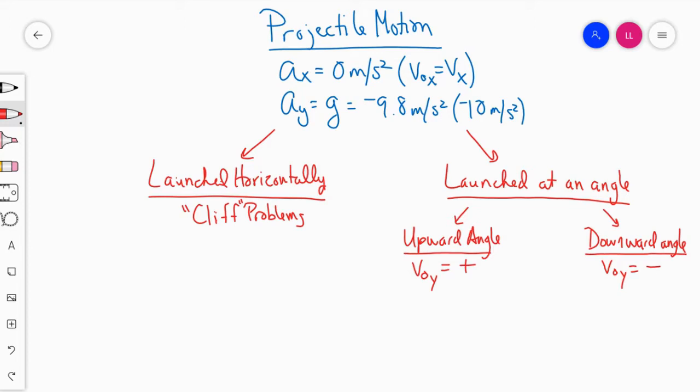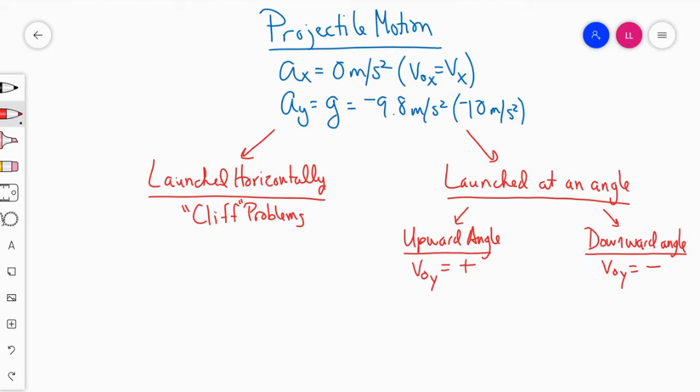Now the downward angles look very similar to the launch horizontally because it's almost like it just falls off the cliff, but now you're introducing this downward angle. Those are the types of problems.